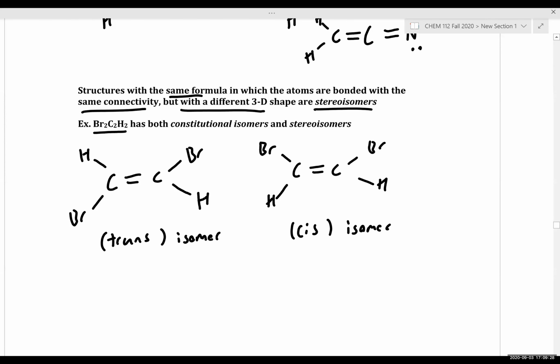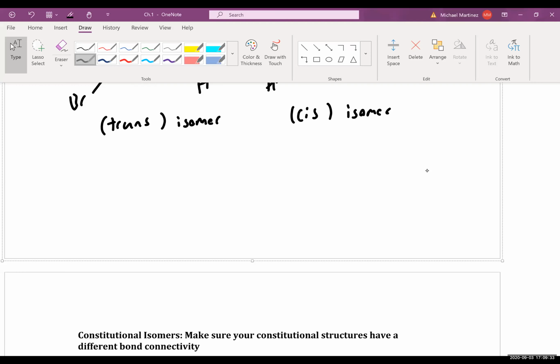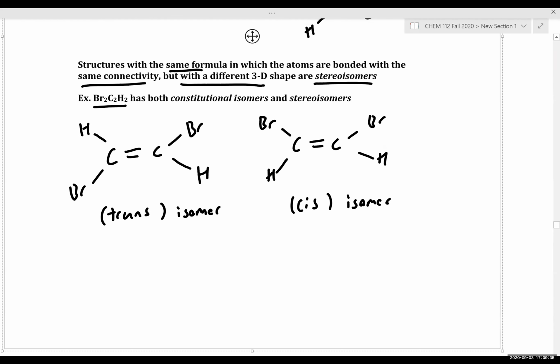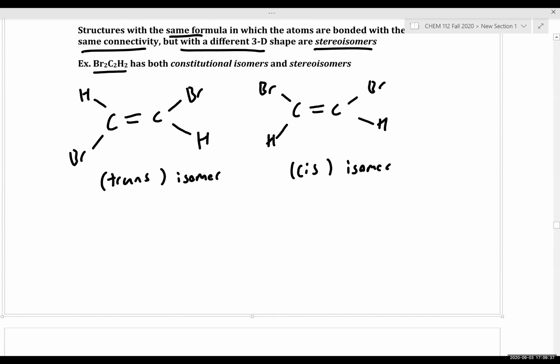Other examples of stereoisomers that we'll see later on in this course has to do when we have a carbon with 4 substituents.